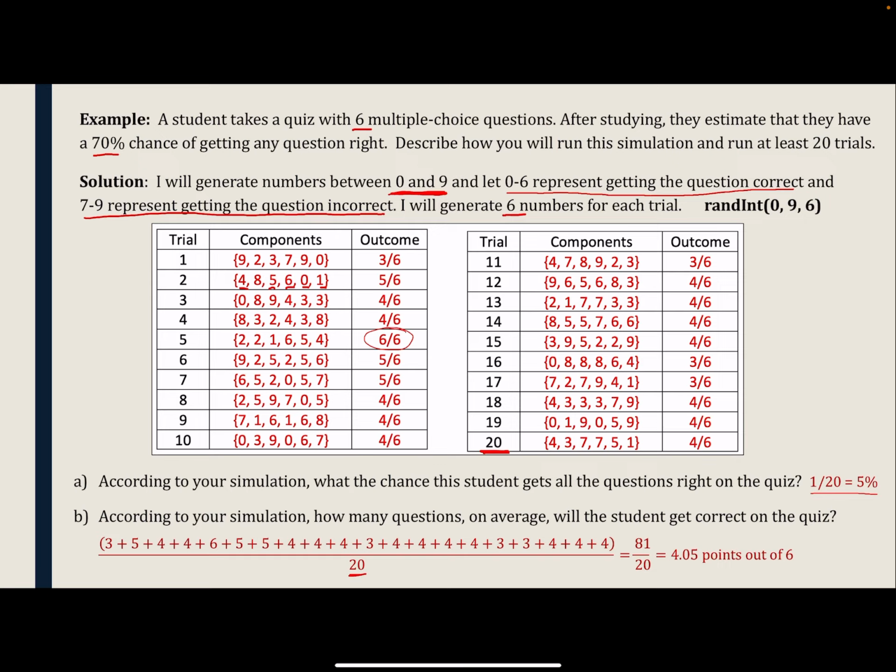But now I'm going to add up the number of questions that were correct on each quiz and divide that by 20. So I get 81 out of 20, which averages to be 4.05 points out of 6. So that's the average for these 20 trials. Again, this is my simulation. I could get slightly different outcomes for different simulations.